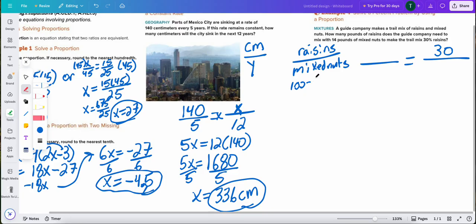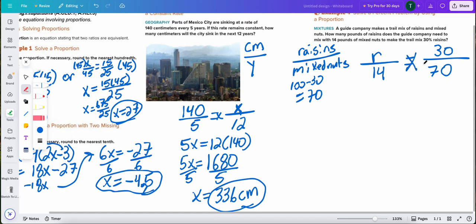So I could take 100 minus 30, which gets me that 70% has to be the mixed nut. We don't know how many raisins there are, and I put raisins on top, so I'm going to put R on top. For mixed nut, we know there are 14 pounds, so I can put that on the bottom.